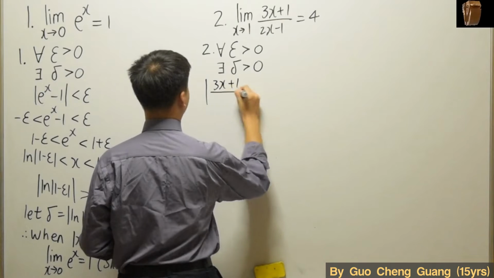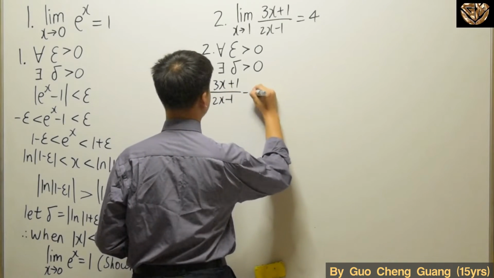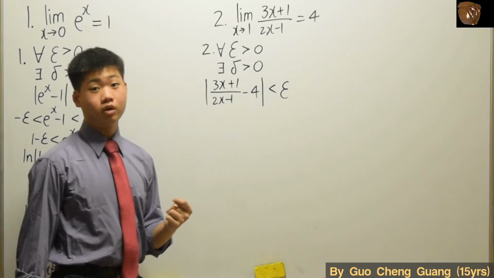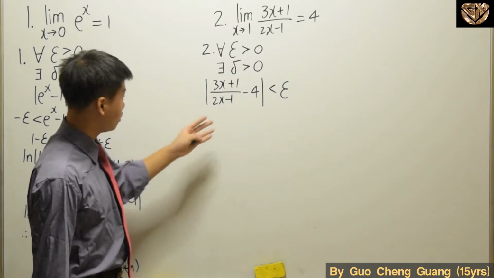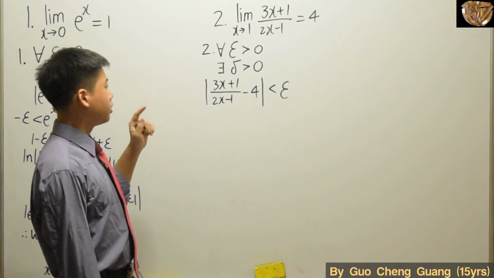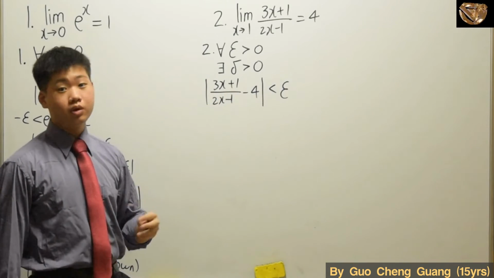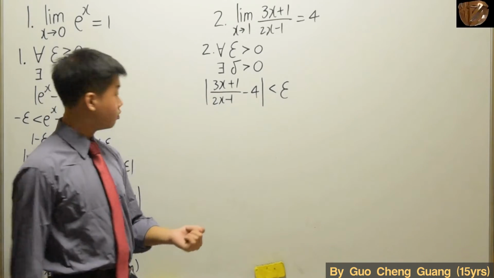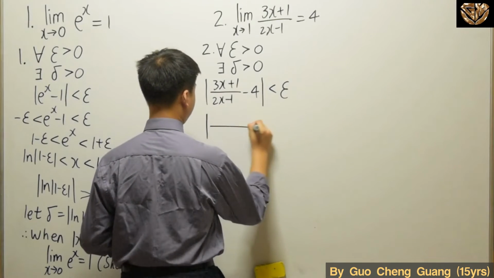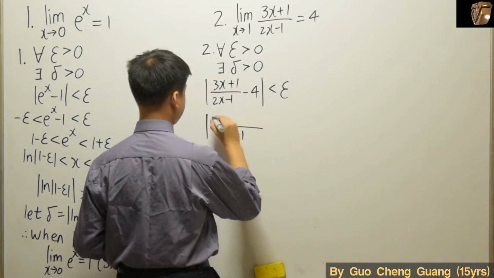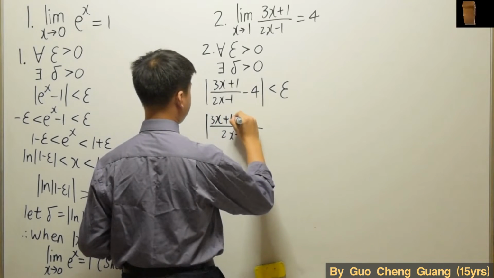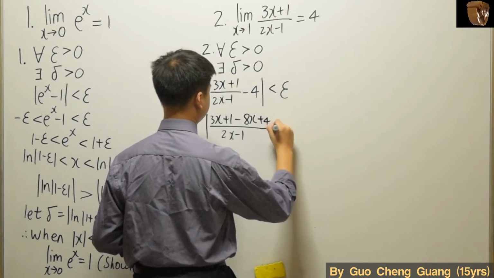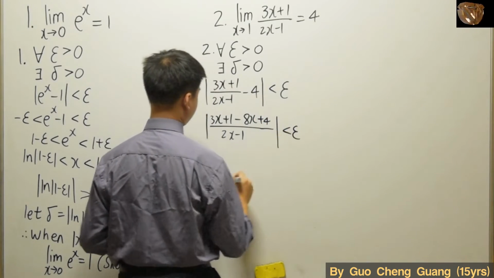|(3x + 1)/(2x - 1) - 4| is smaller than epsilon. Alright? So this part is smaller than epsilon. Now, how about we make some operations within the modulus, which is to combine the two. So what happens if we combine the two? So 2x minus 1, 3x plus 1, so minus 8x and plus 4, smaller than epsilon.